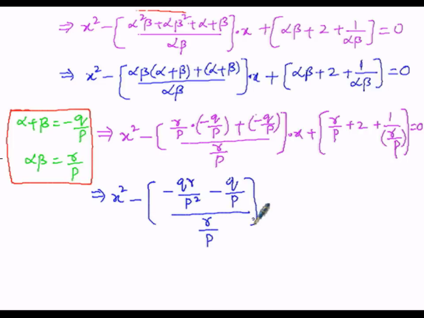So into x plus r divided by p plus 2, that is 2 by 1, plus 1 divided by r by p. So p will multiply, because it is reciprocal, we have to write 1 instead of the division symbol. If I write into r by p, its reciprocal will be p by r, then that equals to 0.